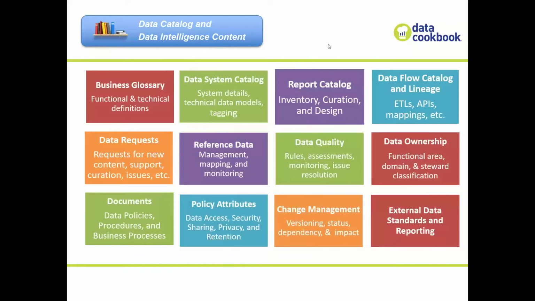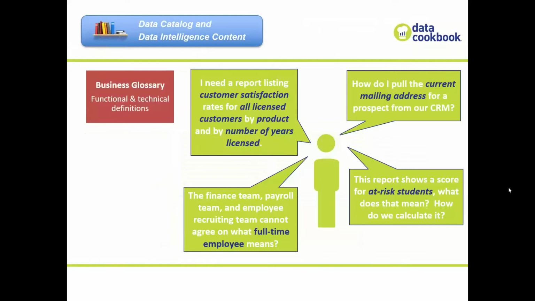If one of the issues is that you have a critical lack of trust in your data and you've got inaccurate and inconsistent reporting, maybe quality is a big focus for you. But each one of these things exists in order to serve an actionable goal or fix an issue within your organization as well. All right, so let's start with glossary.